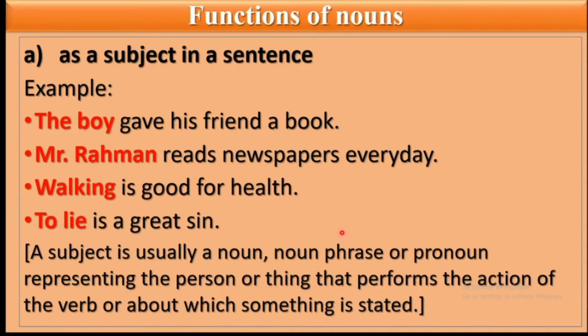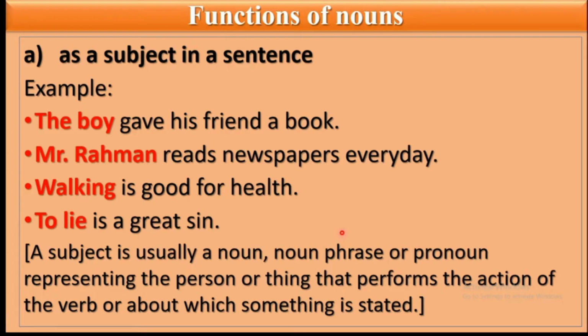In the first two sentences, the subjects are performing the action of the verb, and in the last two sentences, something is stated about the subject. That is, walking. What is said about walking? It is good for health. To tell a lie is a great sin. What is said here about to lie?